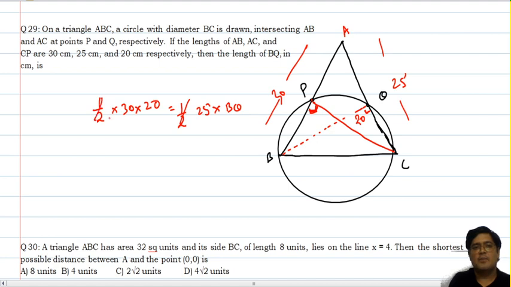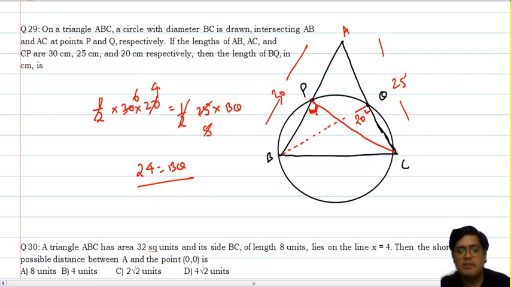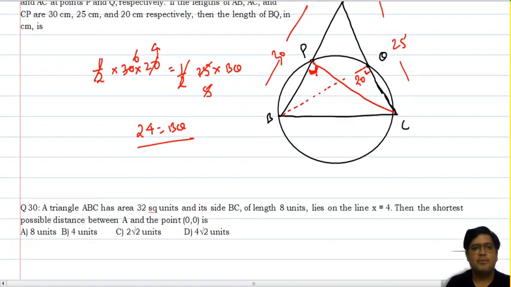So half is gone. 5, 4, 6. So 24 is equal to BQ. Again, if you do not recollect this property, solving this will be very difficult, guys. What is the property here? Diameter of a circle subtends the angle 90 degrees on the perimeter of the circle.